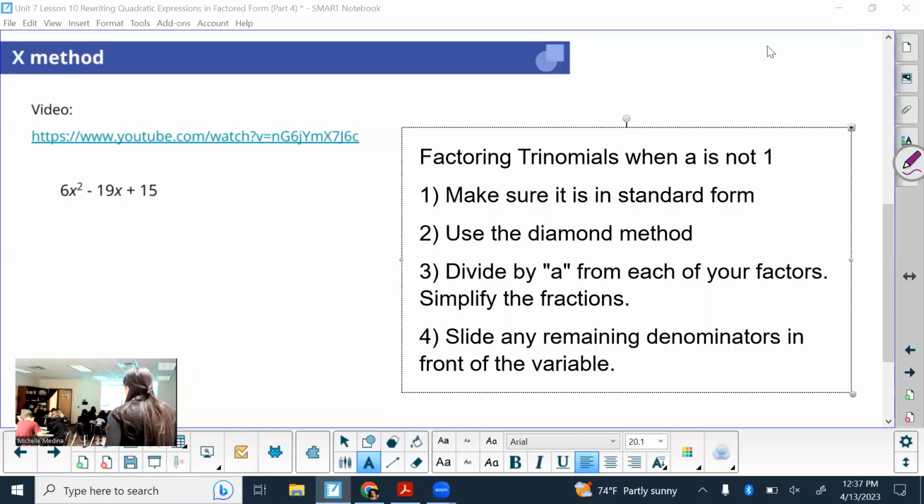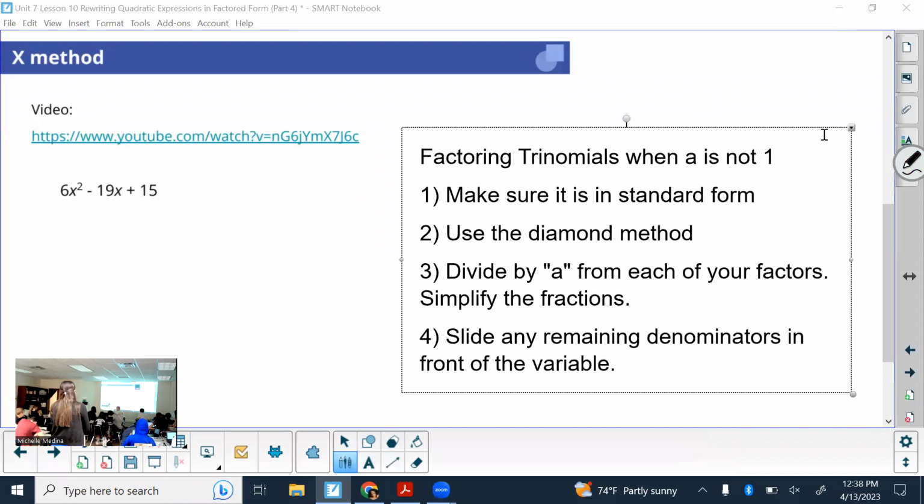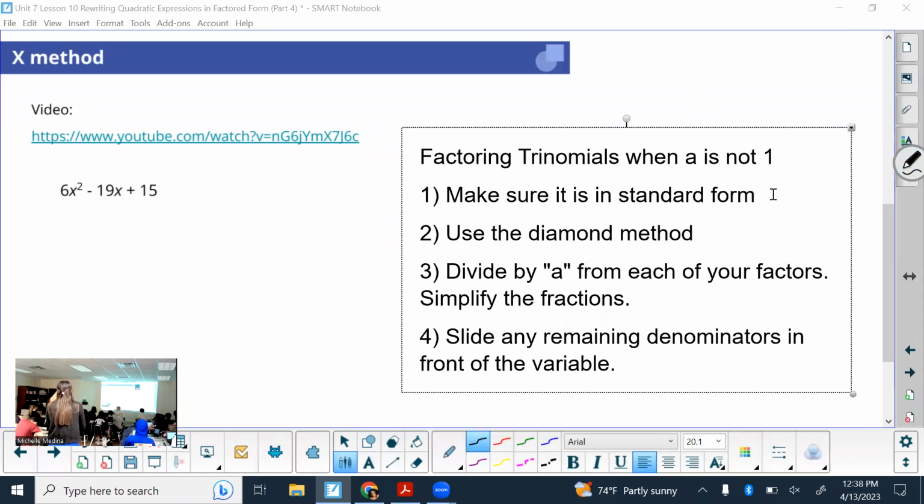All right, so make sure it's in standard form is step 1. Is it in standard form? Can you tell me what standard form is? A little louder maybe so I can hear it. If you can tell me, I will let you go.